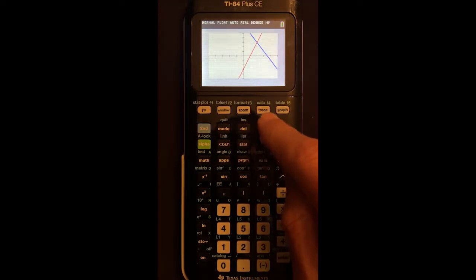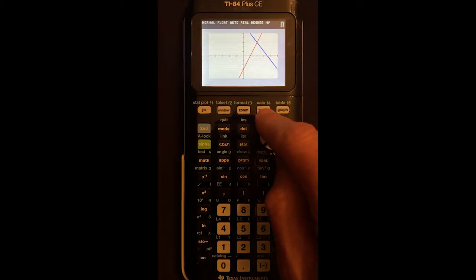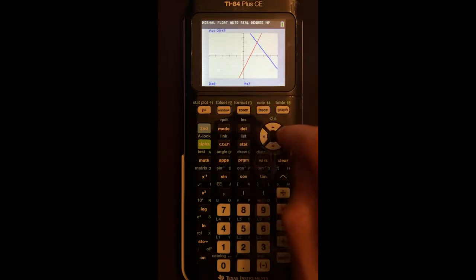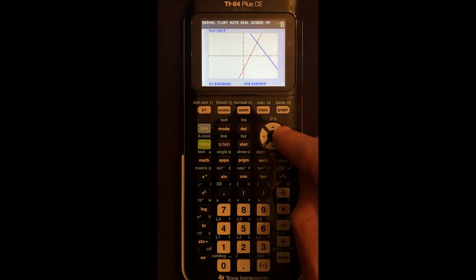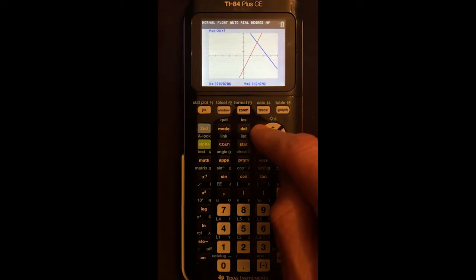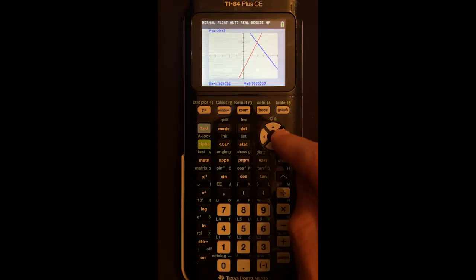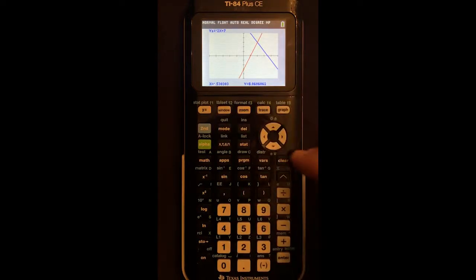Now I can use the trace function here. It's a functionality of the TIs. If I press trace, I'm actually going to be able to move on the graph of one of the two and actually find that point of intersection. So if I move over to x equals 2, look what happens.